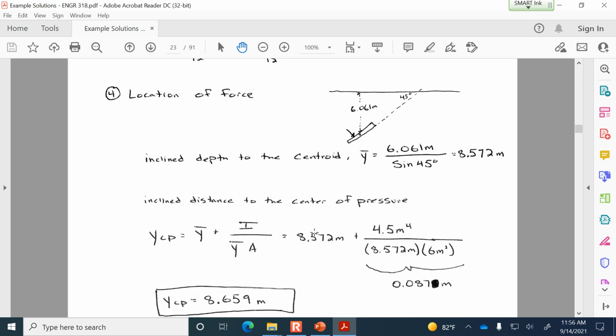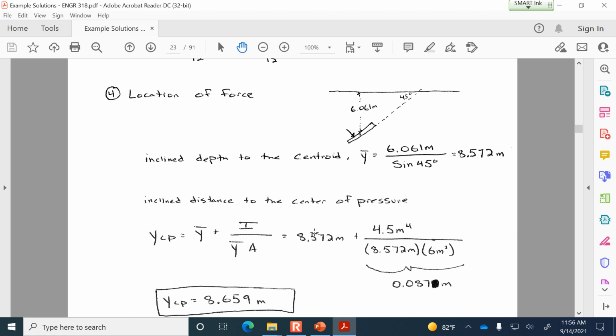So Y bar is 6.061 meters divided by the sine of 45, which gives us 8.572 meters. That is the hypotenuse distance.